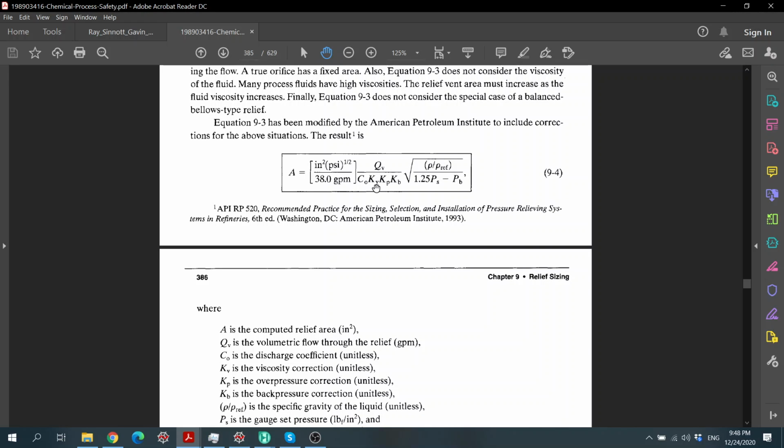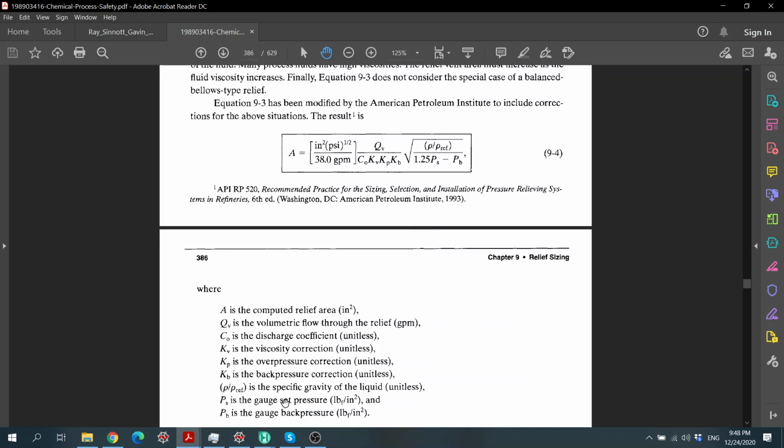KV is the viscosity correction, KP is the overpressure correction, KB is the back pressure correction, because back pressure means the pressure downstream. Then the square root of the specific gravity, and PS is the set pressure, and PB is the back pressure.